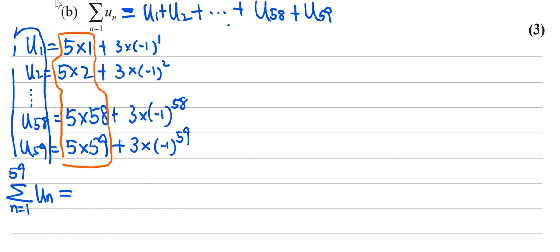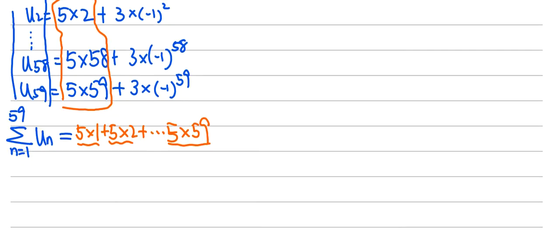It can be written as 5 times 1 plus 5 times 2 up until 5 times 59. All of these terms have this factor 5, so I can rewrite it like this. And you may have already noticed that this is an arithmetic series, right?